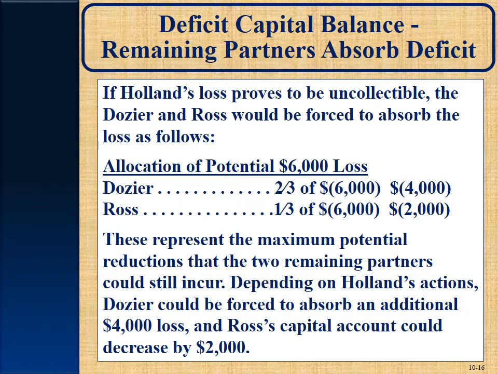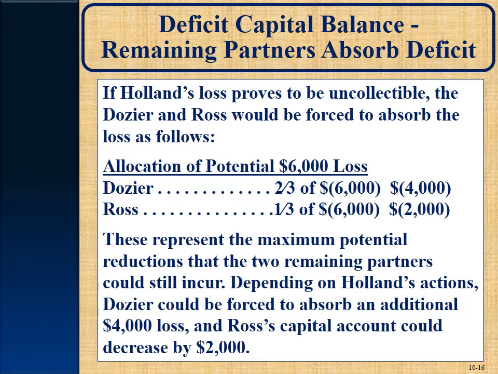What's the effect for the other two partners? Well, Dossier will get his whole $15,000, so his account will be debited. Ross will get his full $11,000, and that equals the $26,000 in cash. That's a beautiful thing if that could happen.